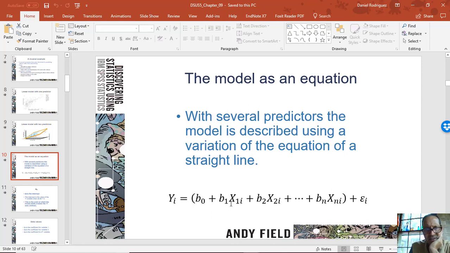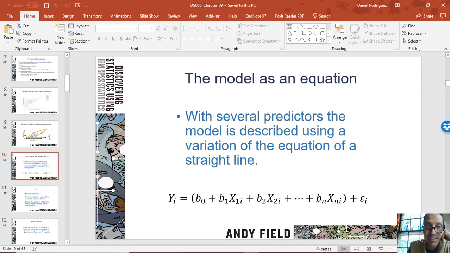And again, I'll show you a video on how to do that assignment separate from this. We'd say each unit increase in X1, say this is advertising budget, each pound increase in advertising budget would increase record sales by b1, whatever that value is. So that's how you interpret that.